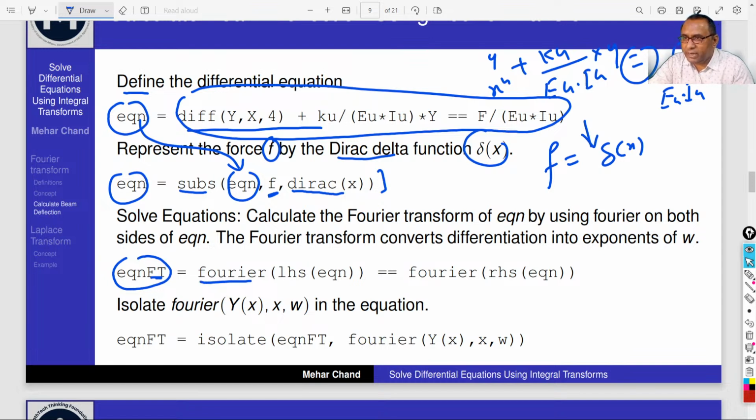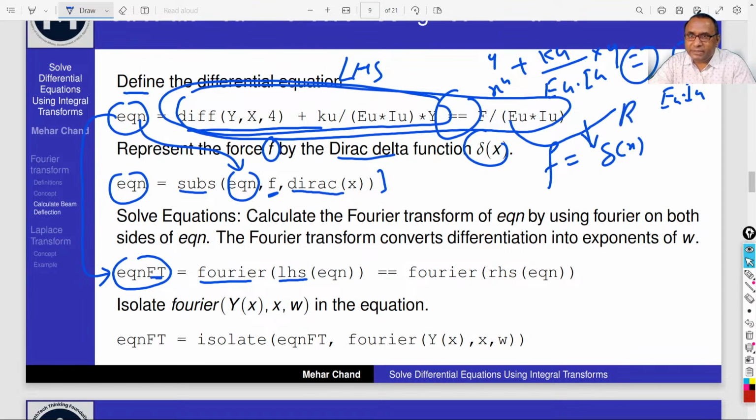So Fourier LHS is the Fourier transform for the left hand side of the equation. You need to compare these two equations. In the above equation, this is the left hand side, and this part is the right hand side. So Fourier transform of the left hand side of the equation is equal to Fourier transform of the right hand side of the equation. When you execute this statement, we will have the solution.